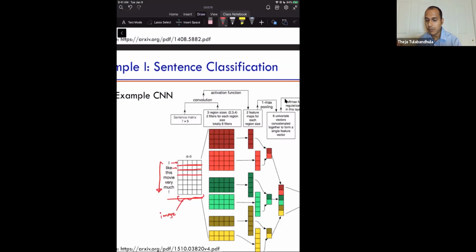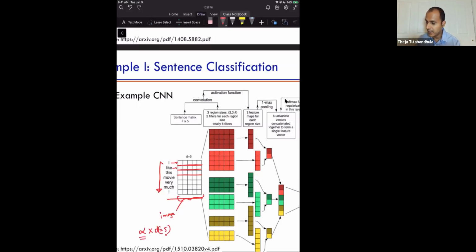Now in step 2, we want to use filters. What I'm going to do is choose filters with some number of rows, let's say alpha, but I will always keep the number of columns the same as d. Here d is equal to 5. So I'm going to keep the filter size such that the height of the filter is some alpha.